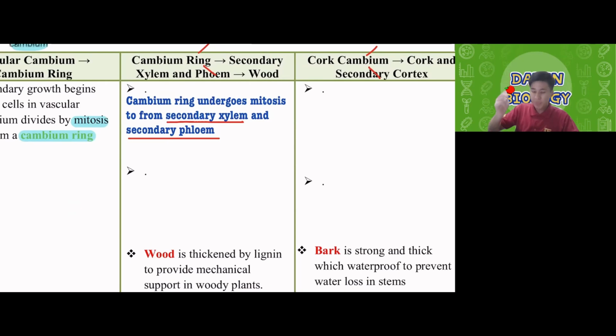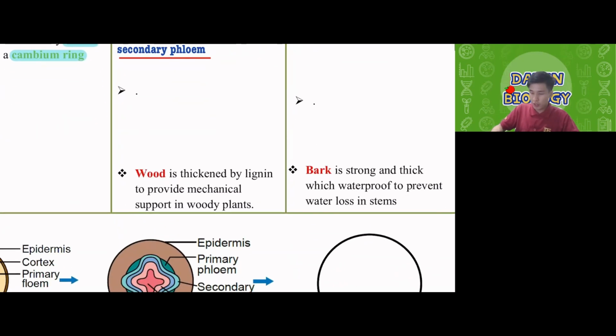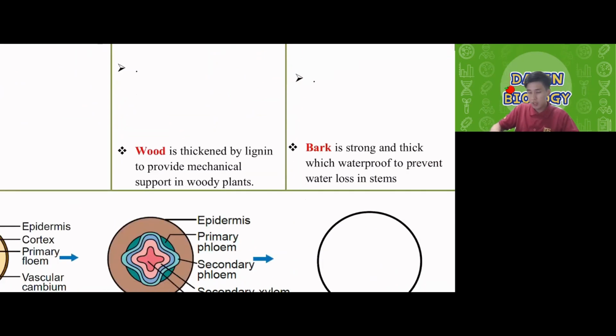Then your secondary xylem will form another thing. So don't forget to write this also. You say the secondary xylem then forms wood.